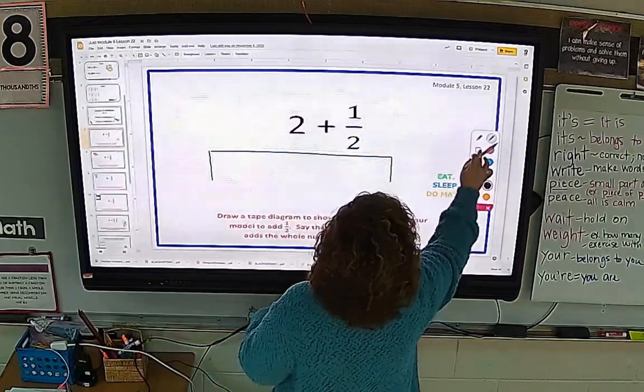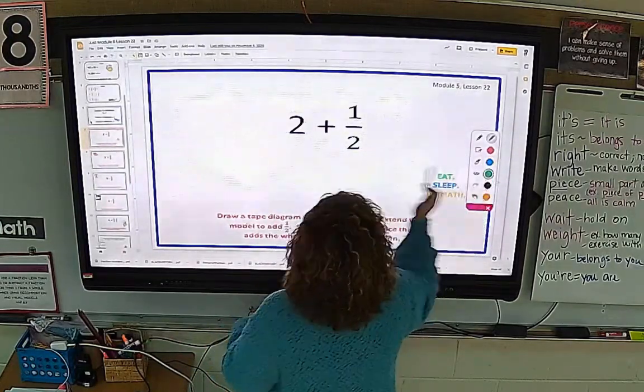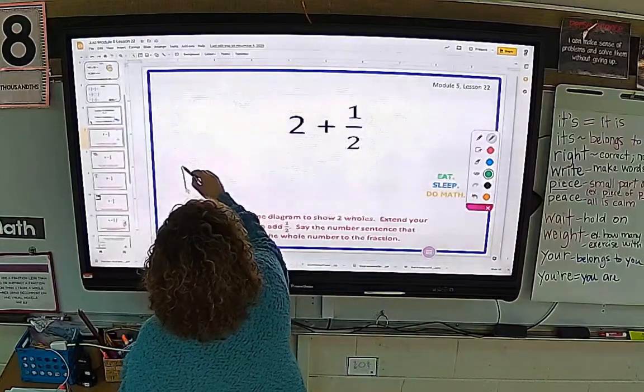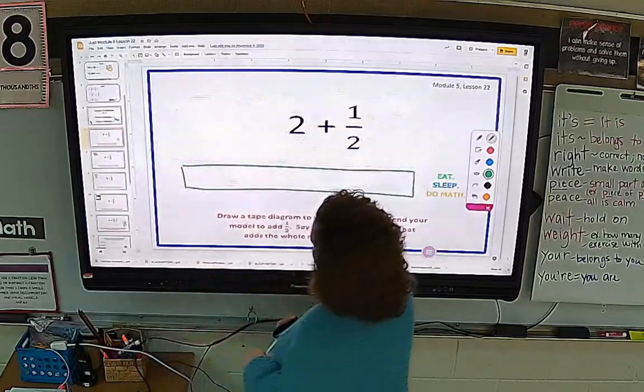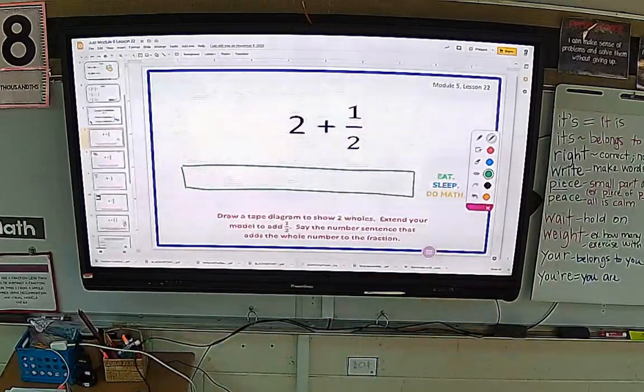I'm actually going to erase that and change its color so we can see it a little better. Now, one thing that helps us with this tape diagram is labeling it, because we can label it however we need to. All right, so I'm looking around. Nobody's really labeled anything.